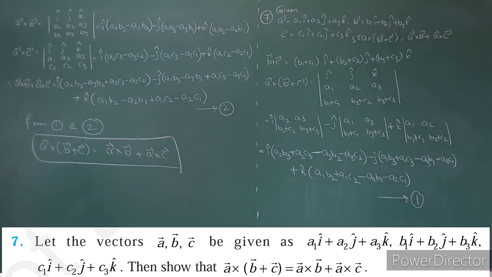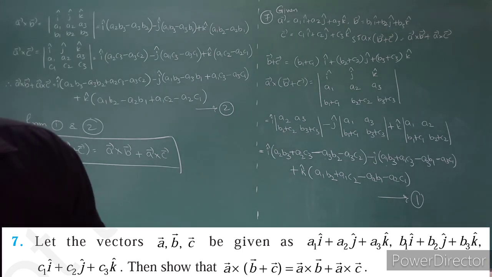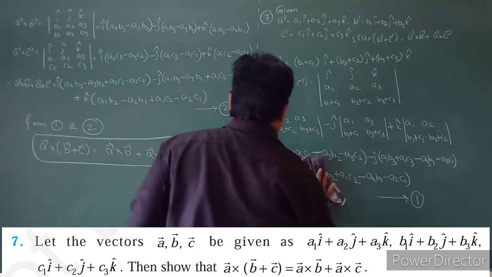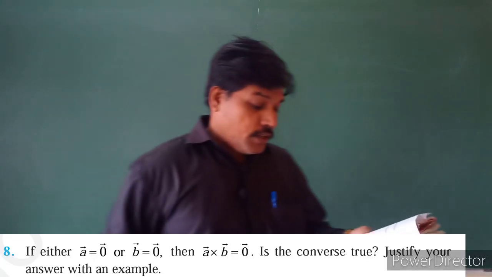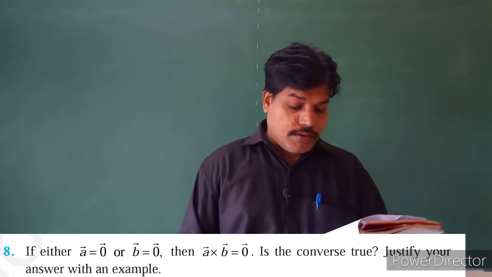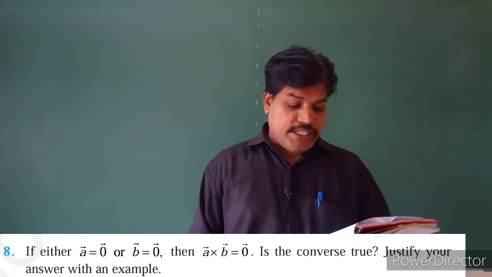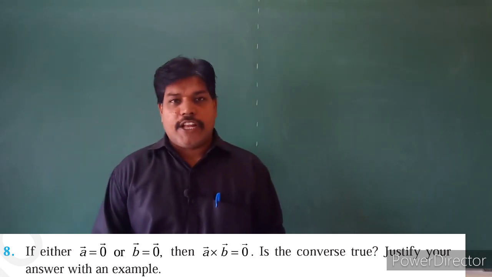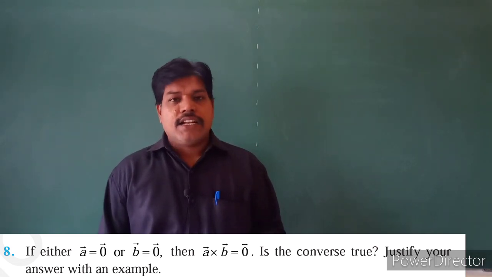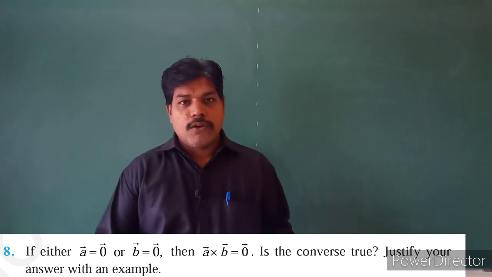See that question, students? See the next question, question number 8. What is the question? If either A bar is equal to 0 bar or B bar is equal to 0 bar, if any one vector is 0, then A bar cross B bar is equal to 0 bar.